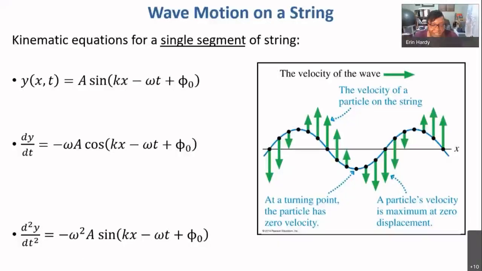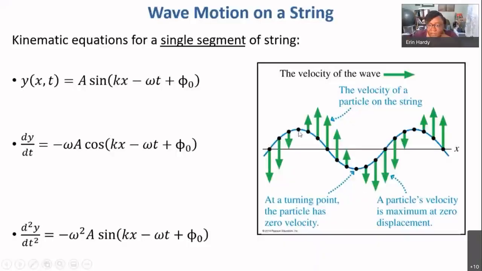We're thinking about this like a snapshot graph, where at this one point in time, each one of the particles that makes up a segment of the rope is experiencing an acceleration. The velocity of the different sections of the rope is going to vary based on whether the rope is already at its maximum positive displacement or its maximum negative displacement, or if it is working its way between those two bookends.